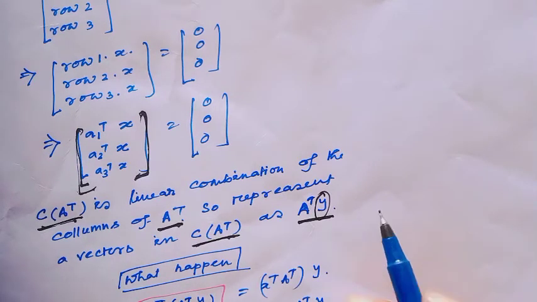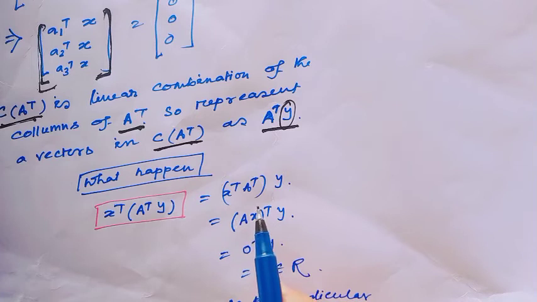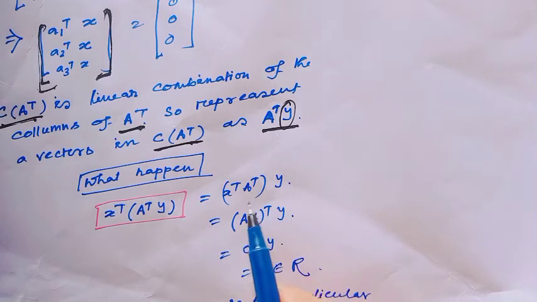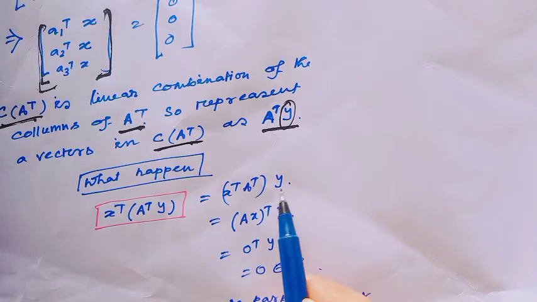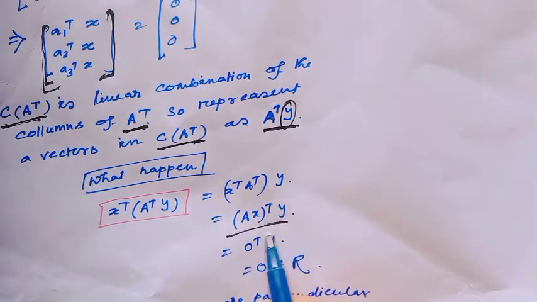Then what happens when x transpose multiplies A transpose y? This would be x transpose A transpose times y, and by the property of matrix transposition, this is equal to Ax transpose y.